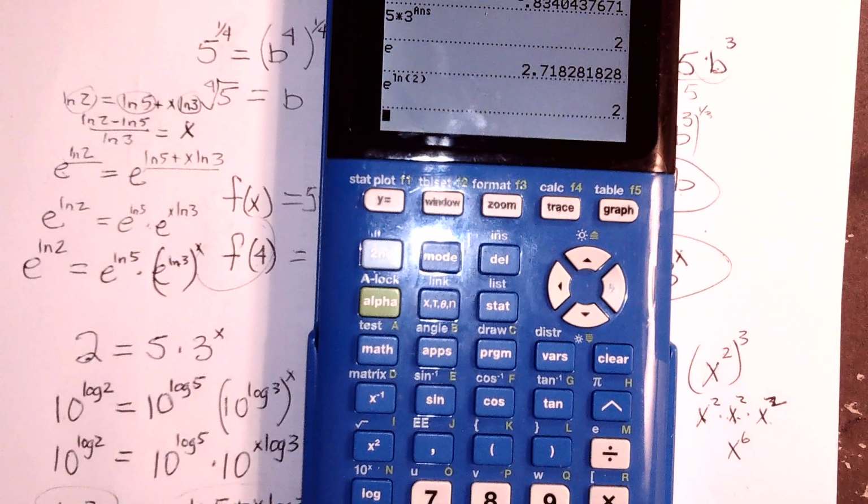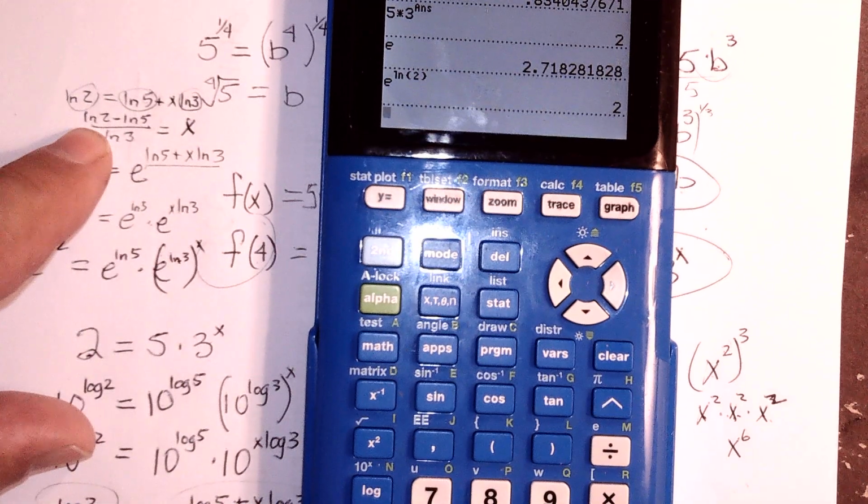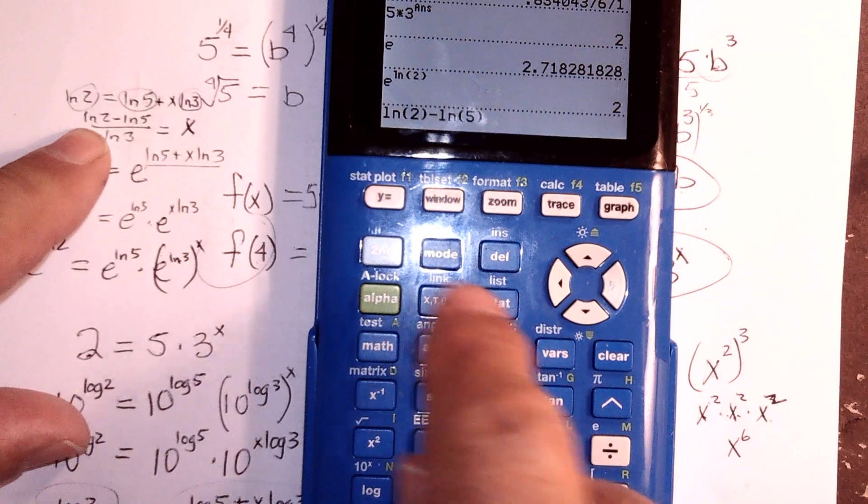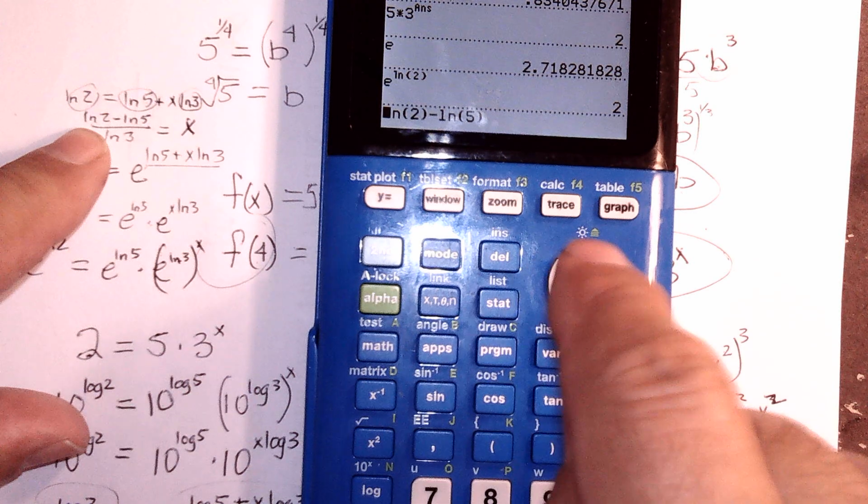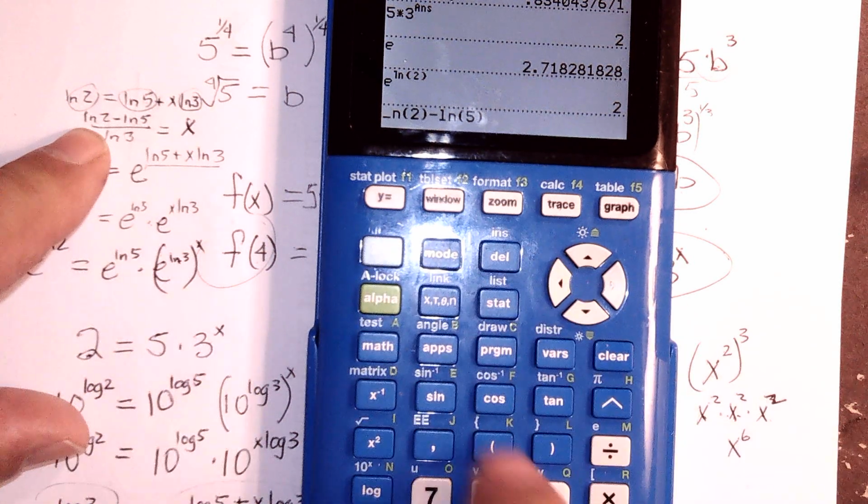Let's do this one. Natural log 2, close parenthesis, minus natural log 5, close parenthesis. All of that, so I better go back here and put a parenthesis here, insert a parenthesis.